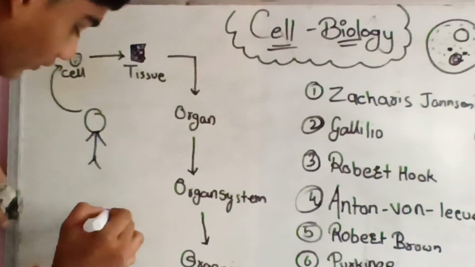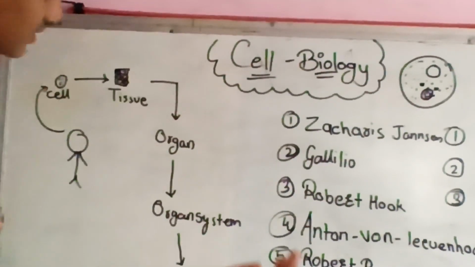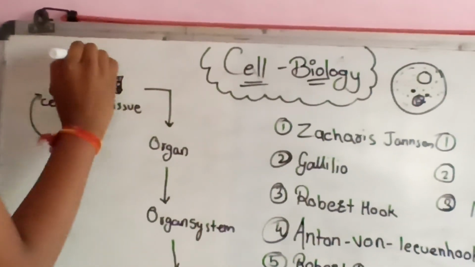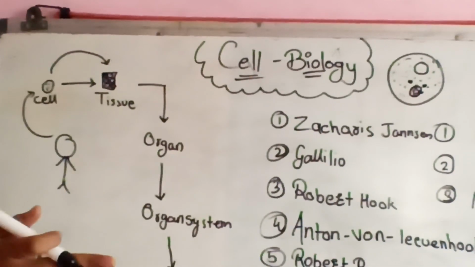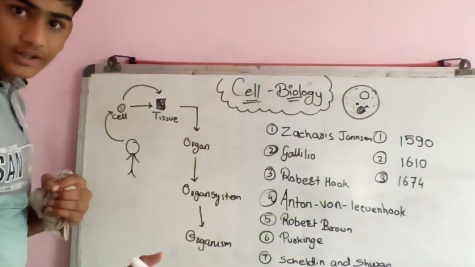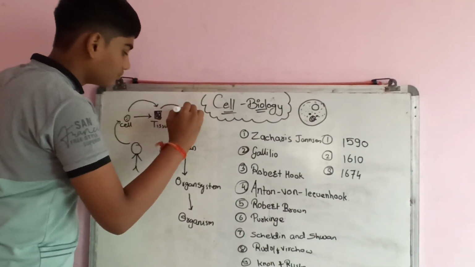After this cell, one cell joins to another cell joins to next cell, and this cell becomes a tissue. Again, this tissue joins to another tissue joins to another and form an organ.